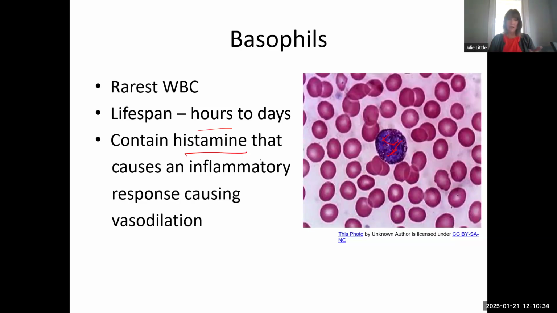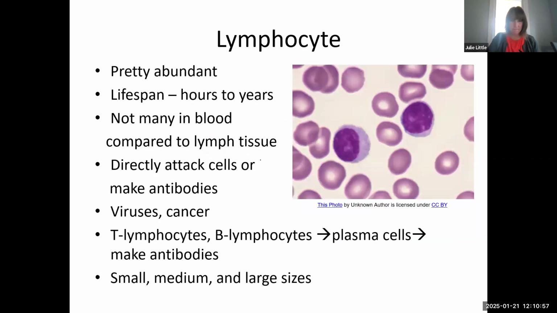Histamine is one of those inflammatory chemicals, and these basophils have them. I'm not saying it's just basophils that cause the inflammatory response, but it's the easiest way to remember. These basophils are our rarest ones, but they're big players. They can cause all the other leukocytes to be increased in their abundance, and so we like the basophils.